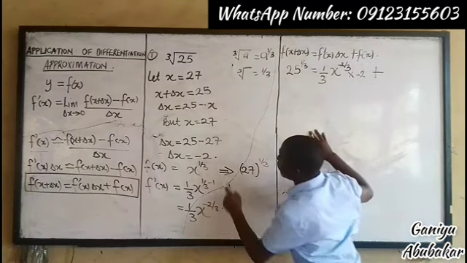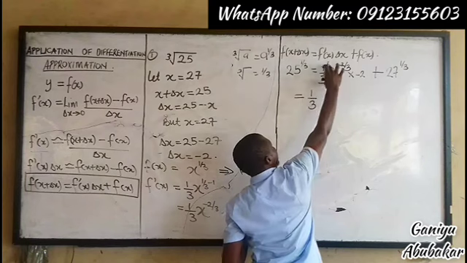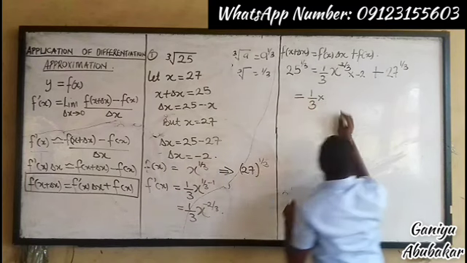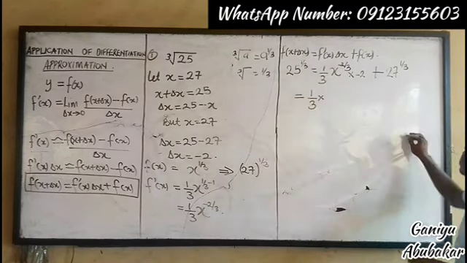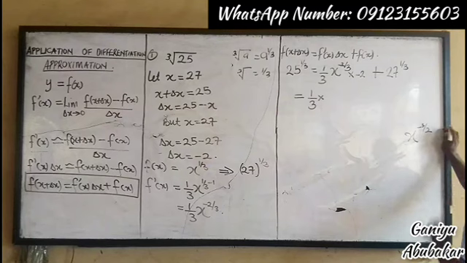F of x from here is 27 to the power 1 over 3. So in other words, if I proceed with this, I'll have 1 over 3 multiplied, from the concept of indices. If I have x to the power minus 1 over 2 or perhaps minus 3 over 2, this can be written as what?